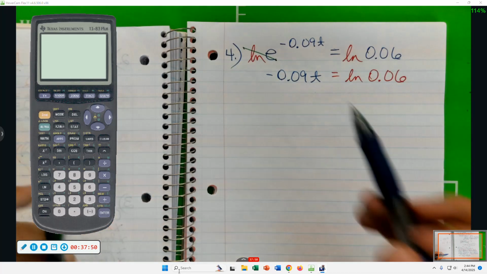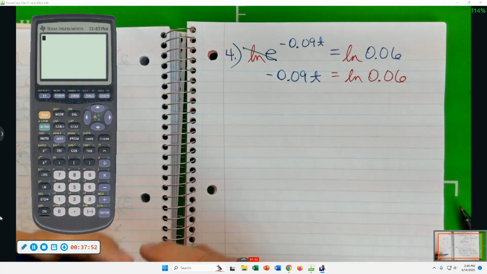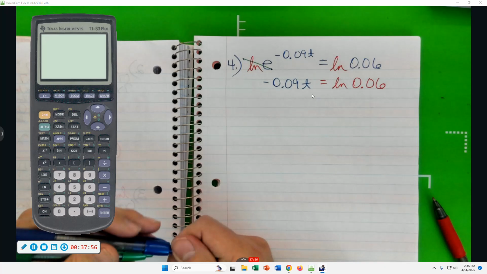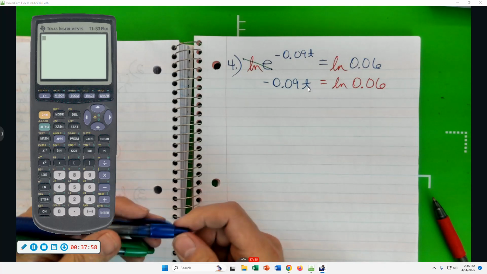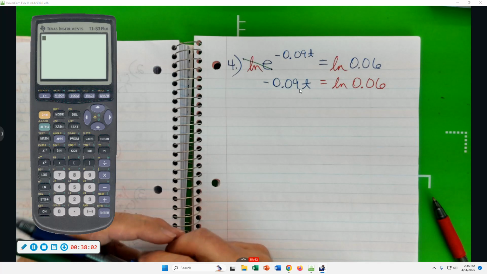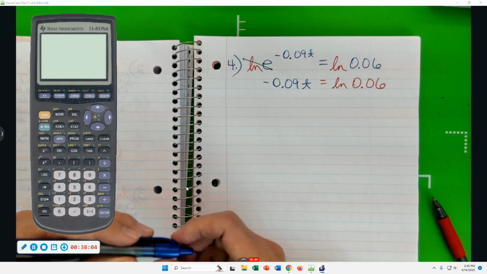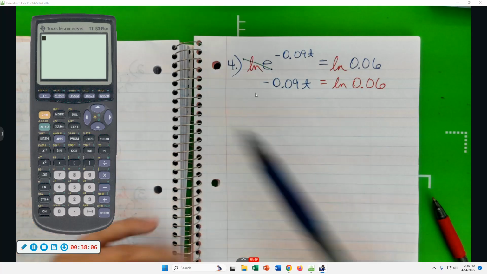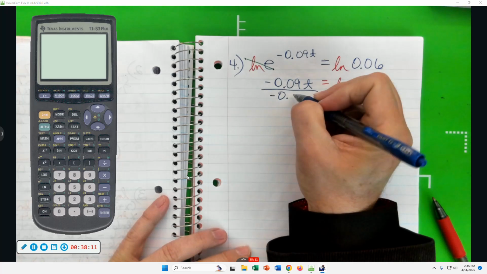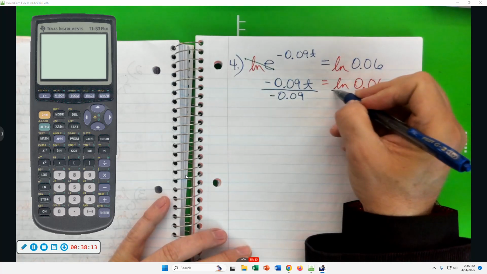Okay. So I think there's only one step left here to get t by itself. What are we going to have to do? That t is being multiplied by a negative 0.09. We're going to divide by the coefficient negative 0.09.